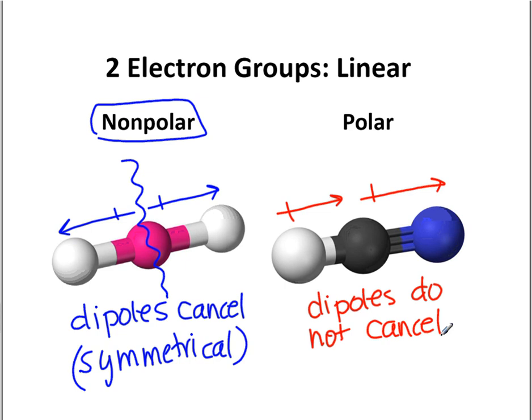And if you imagine looking at the molecule and chopping it in half, even though it's linear and will have 2 elements on the same side, they're not equal. Different colors mean different elements. You can see there's a single bond here and there's a triple bond here, so this is non-symmetrical.